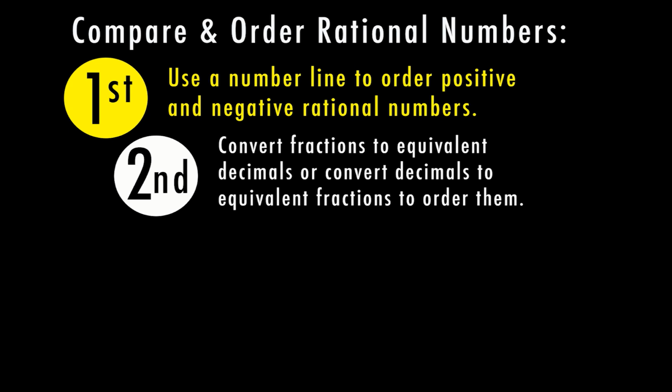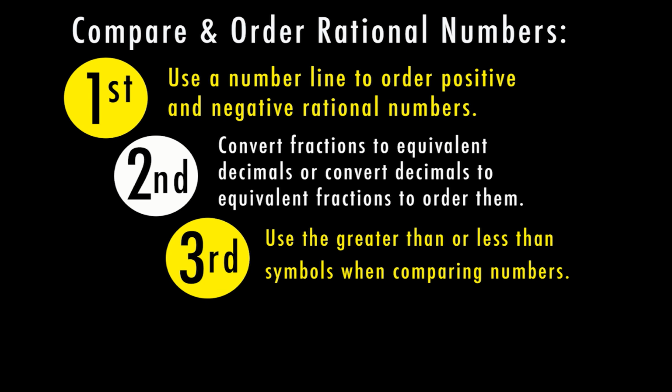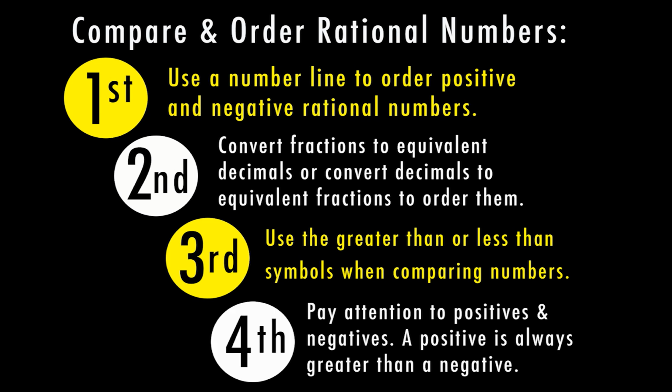Remember, it's easier to compare decimals. Third, we're going to use a greater than or less than symbol when we're comparing two numbers. And last, we're going to pay attention to positives and negatives. A positive is always greater than a negative. So that's going to be true whether you're comparing them or putting them in order.